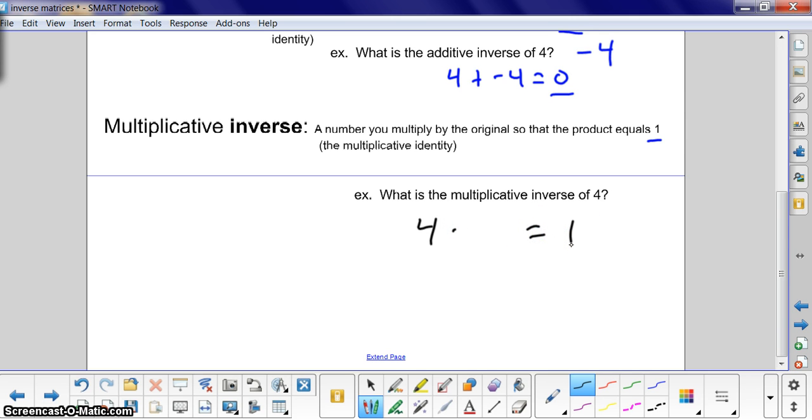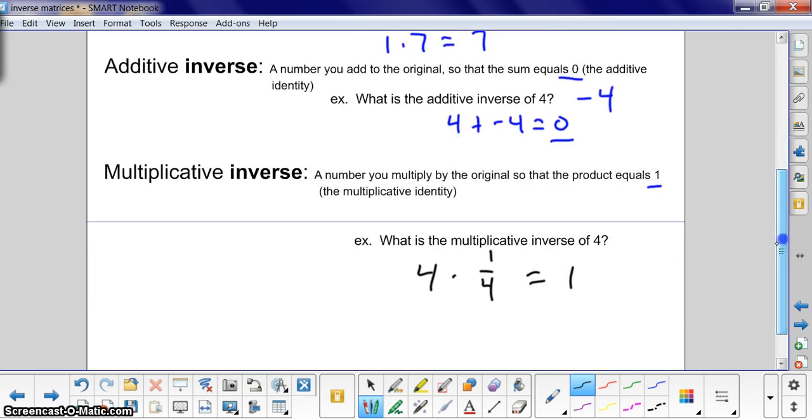And we know that as 1/4. It's also the reciprocal, the flipped fraction, 4 over 1, multiplied by 1 over 4 equals 1. So the multiplicative inverse of 4 is 1/4 because when I multiply the two together, I get the multiplicative identity. The multiplicative identity is 1. So, a little review on some basic vocabulary.